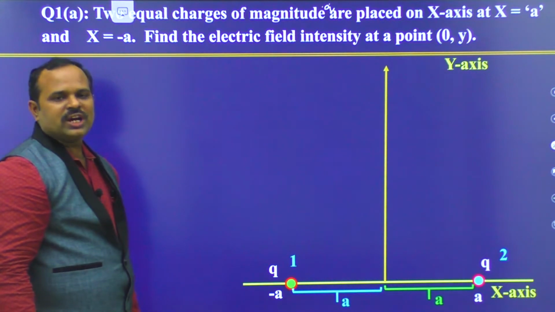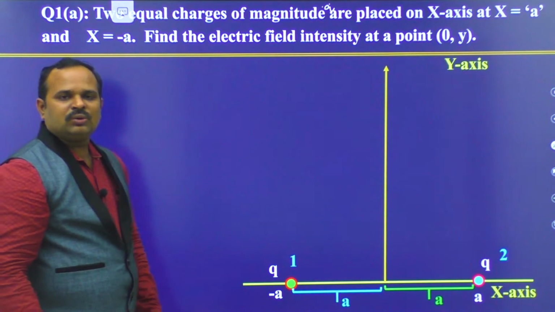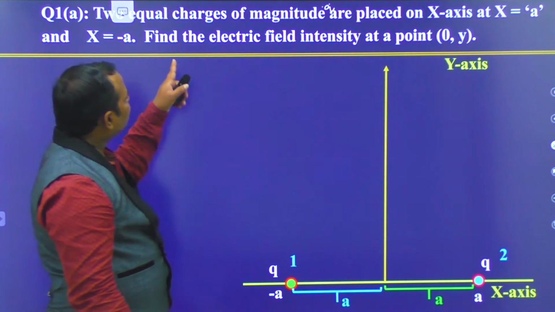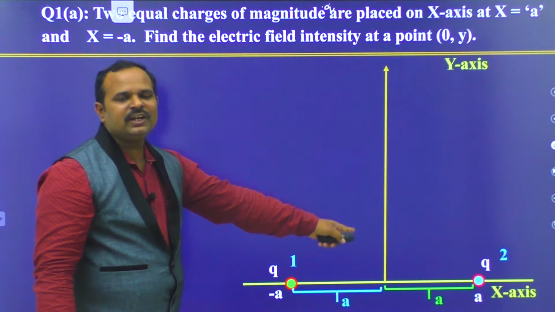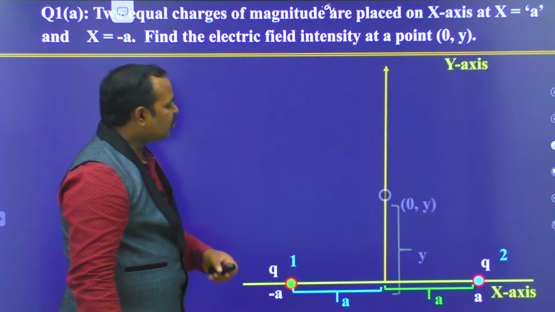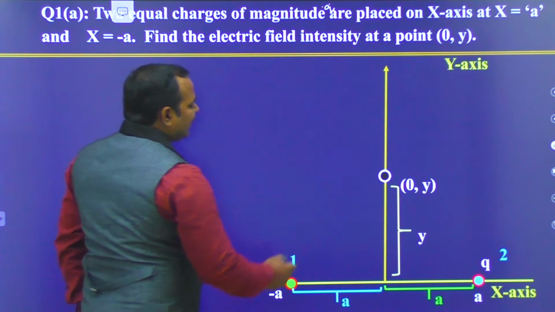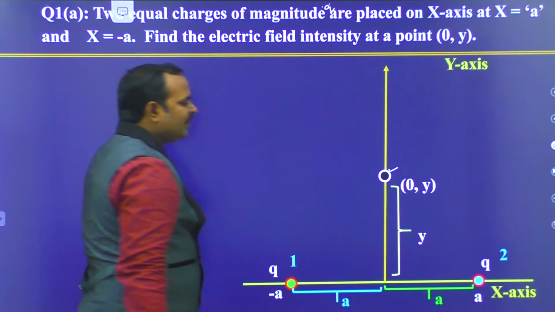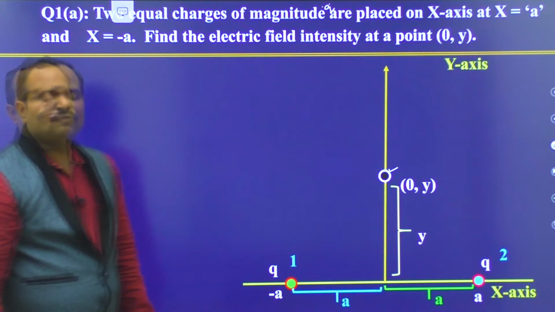These are the two charges as per the description. Now they are asking us to find the electric field at some point on the y-axis. That point is here. This is the point where the electric field needs to be found.